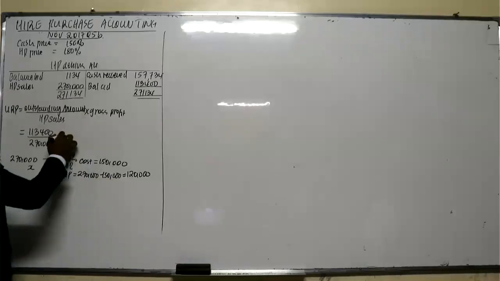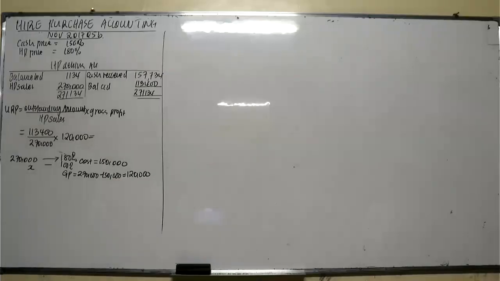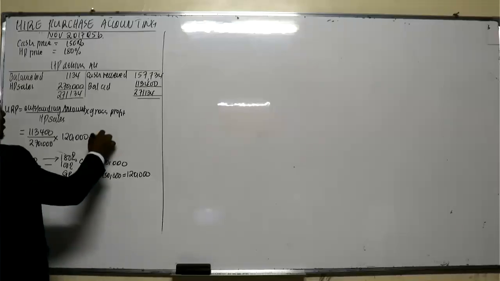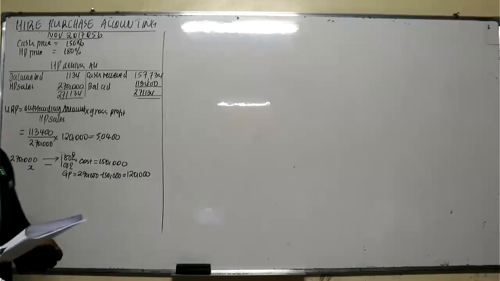So the gross profit was 120. So of this 120, how much will be unrealized? 50,400. Good.